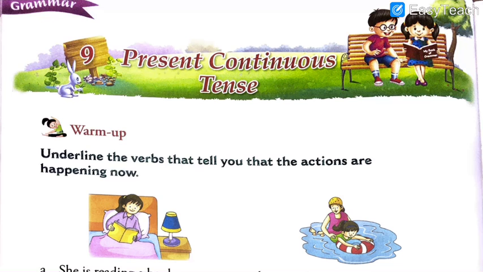If you have the grammar textbook, please open page number 32, chapter number 9, present continuous tense. I'll give you a few seconds to get ready. Obviously a pencil should also be there in your hand. Whenever I ask you to underline in the textbook or write in your rough notebook, if you have the pencil, you can write it down quickly.